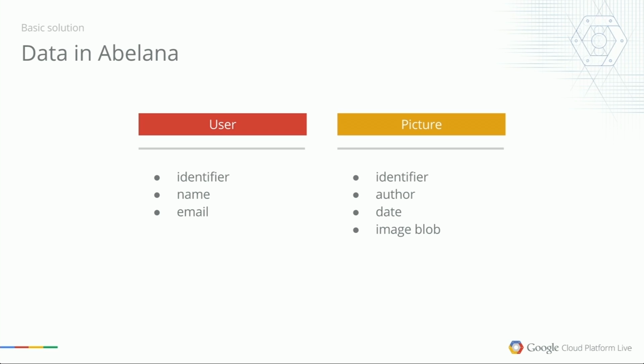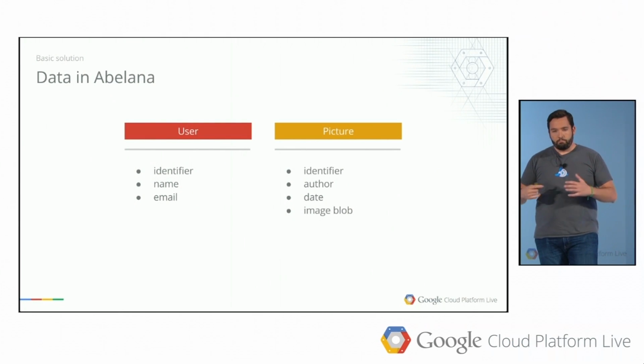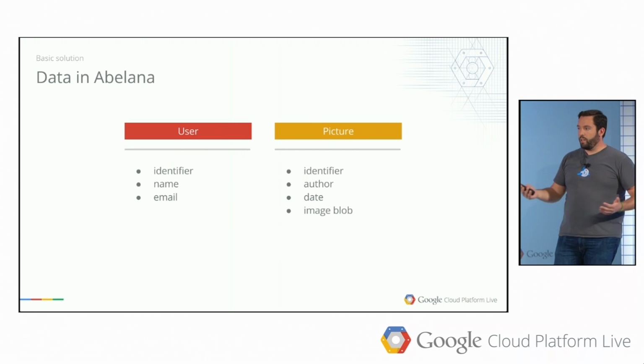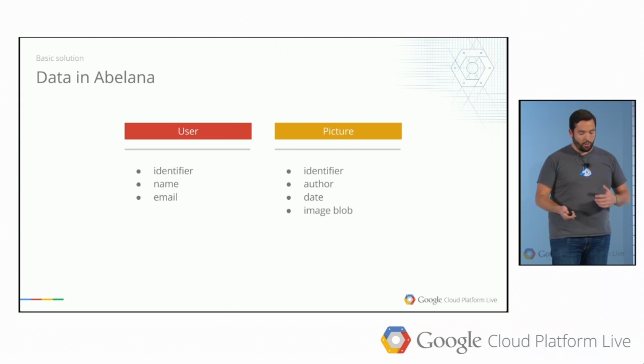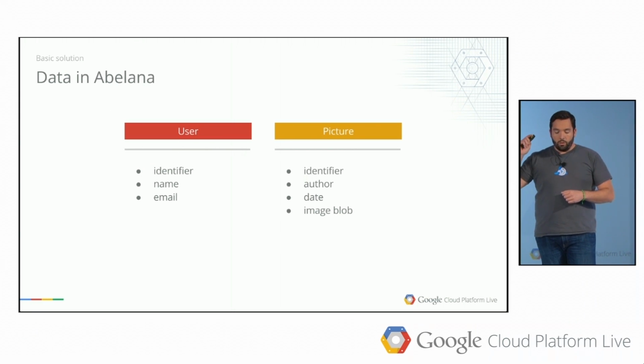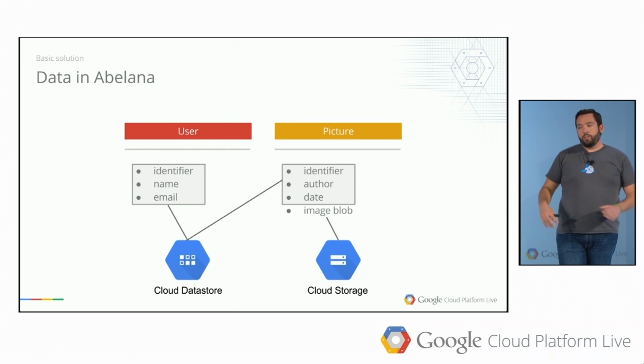And then for the pictures, we have also an identifier. We have the author or the user ID of the user that took the picture, the date when the picture was taken, and finally, the image blob. And the image blob is something that could be pretty big. It could be around some megs, probably, depending on what you're uploading. So we will store most of it in the data store.